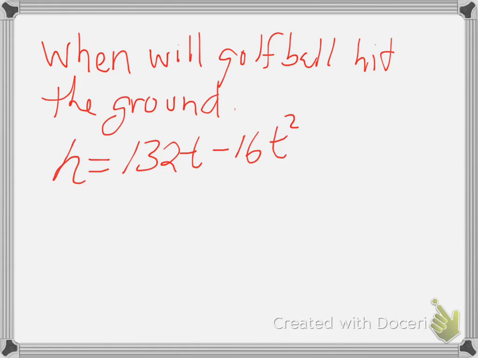Oh, it's just dawned on me they wouldn't give you a problem like this because, oh yeah, they will. Sorry about that. Actually, they will not give you that problem because that would be a leading coefficient greater than 1. So ignore the golf ball problem.